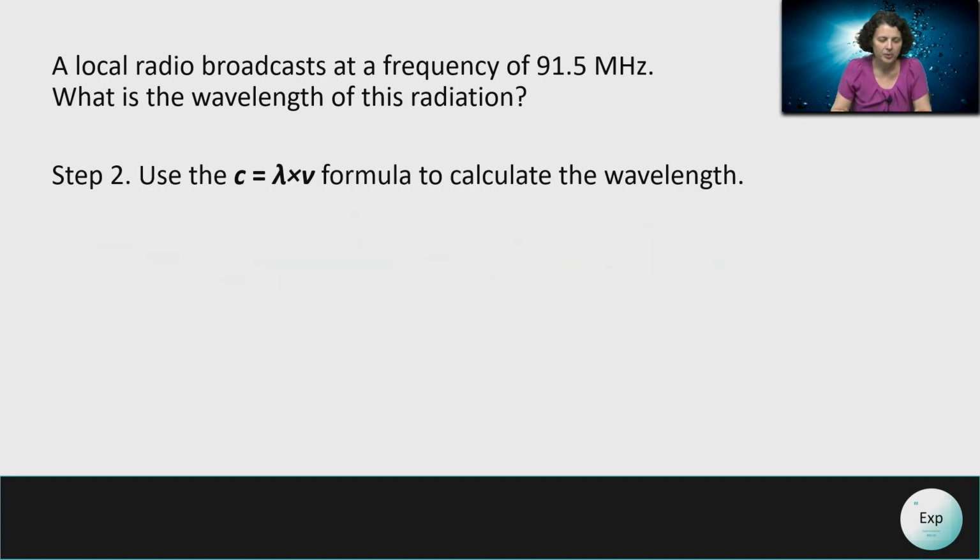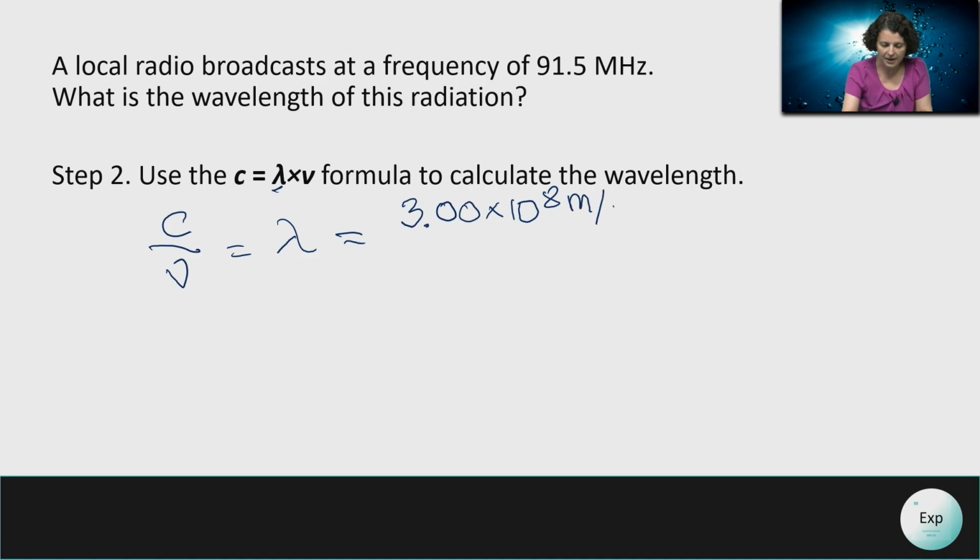In the second step, we utilize our formula to convert from frequency to wavelength. If we need to determine the wavelength, then we need to divide both sides of the equation by the frequency. So c over nu is the same as lambda, which for us means that we have c, the speed of light, 3.00 times 10 to the 8th meters per second.